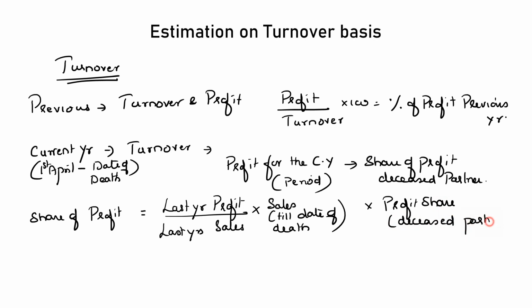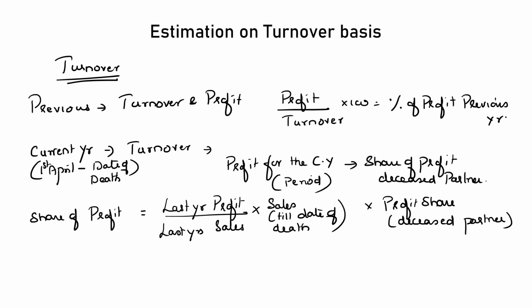So this is the formula that you can use. Here, instead of finding a percentage, directly take last year's profit by last year's sale into sale till date of death. To that, you apply the profit share to find out the share of profit of the deceased partner.